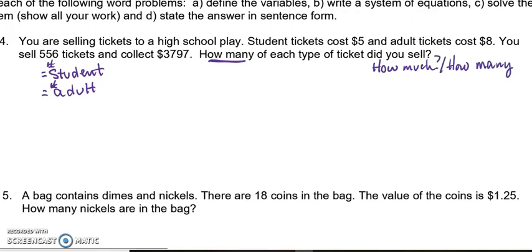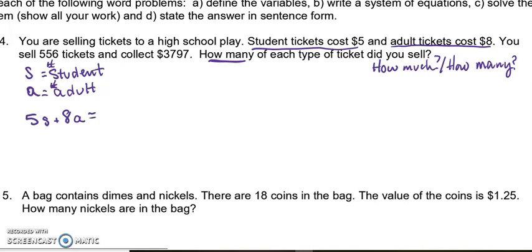And then the other thing about these is that money goes with money. Okay, so S goes with the student tickets, A goes with the number of adult tickets sold. And from here, you just look and see, okay, a student ticket costs $5. So if I wanted to figure out the quantity purchased from that, I would set up the equation as 5 times S plus 8 times A, because the adult tickets cost $8.